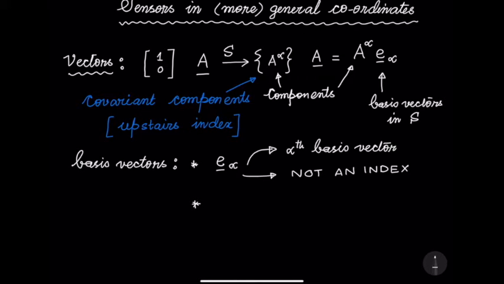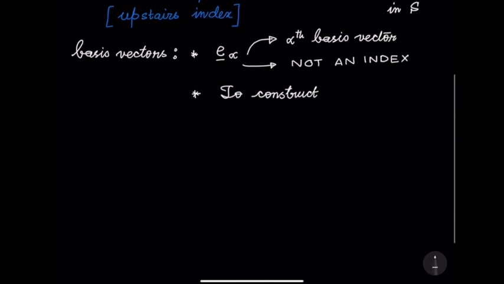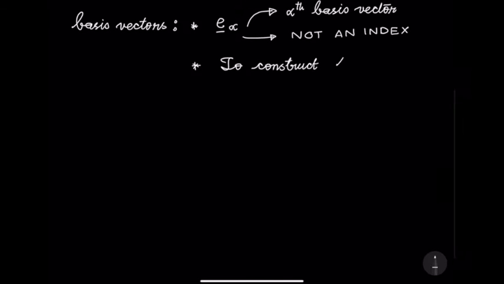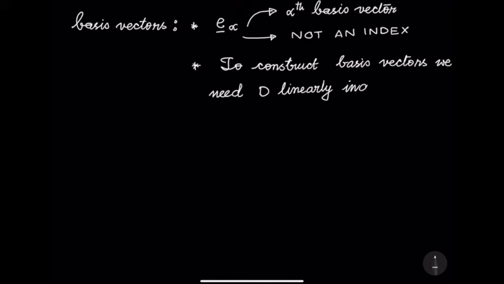The second point is that to construct basis vectors, we just need d linearly independent vectors in a d-dimensional vector space.